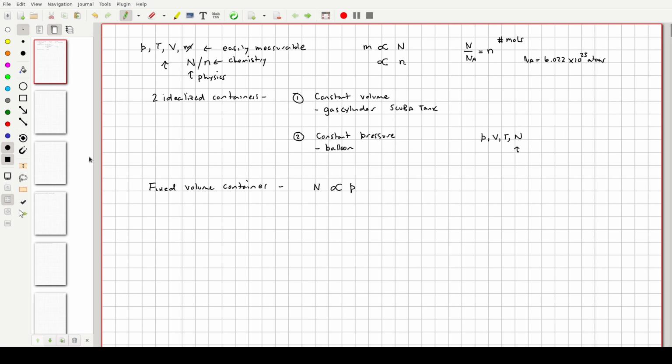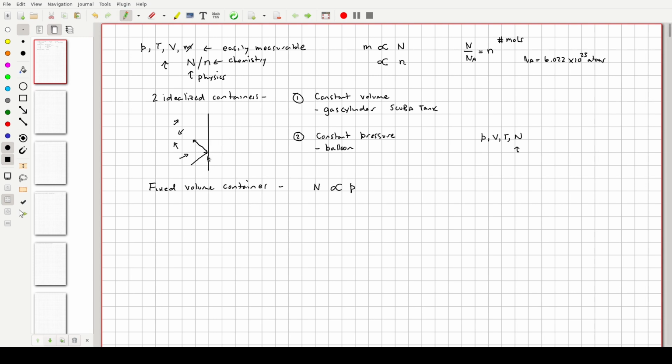Now, this should make sense if you think about what pressure is. If you think about the walls of your container, and we'll say here's one right here, you have this random motion of all these little atoms and molecules that sit within it. On occasion, they hit a wall of the container and bounce off.